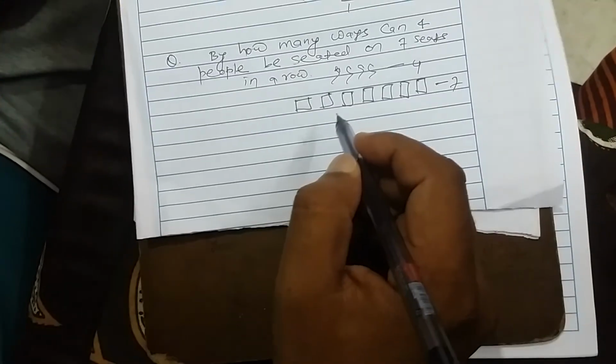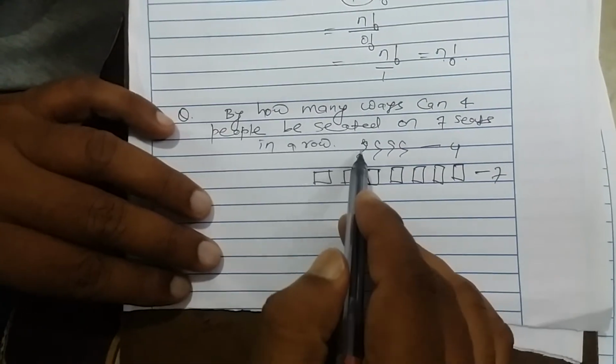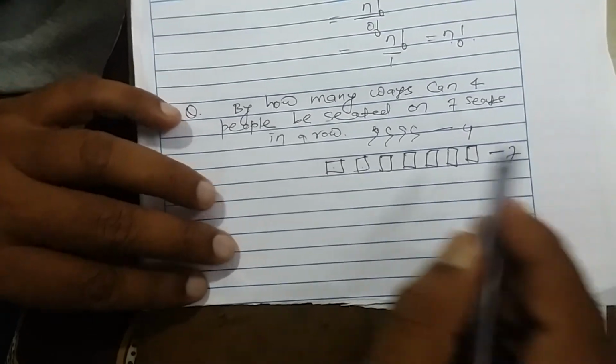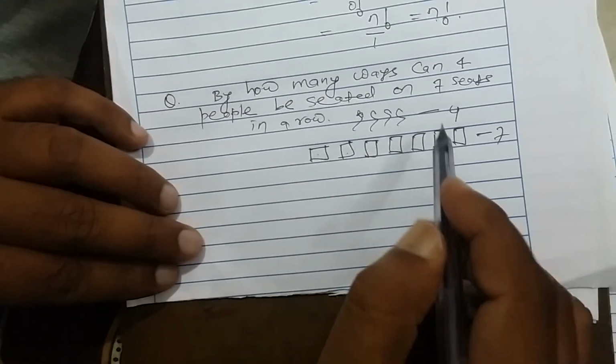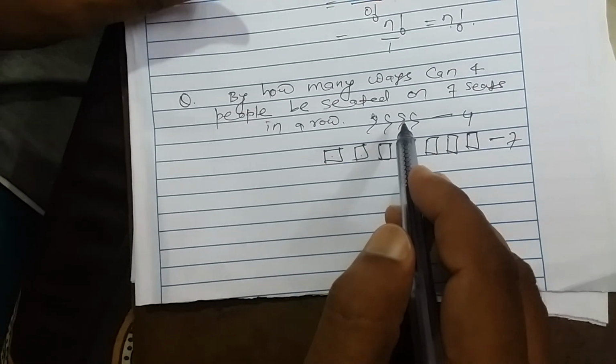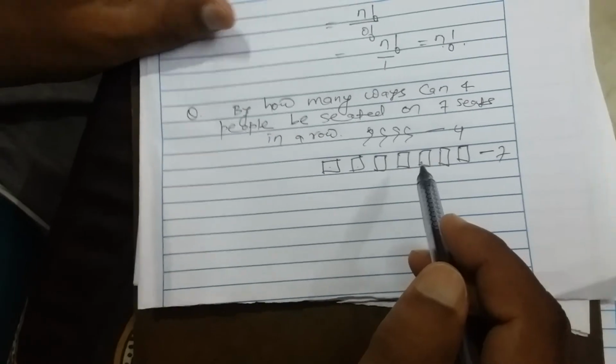So here we can see that all the seats are different, and all people are different. A person sitting here cannot be seated there, so the condition matches this theory: all the given objects are different and repetition is not allowed.